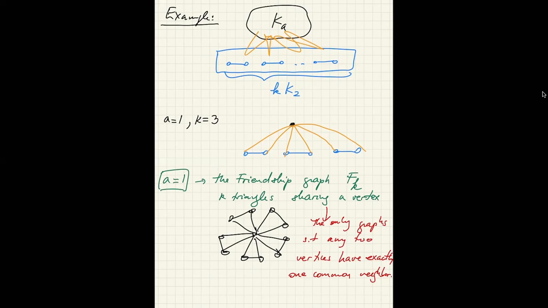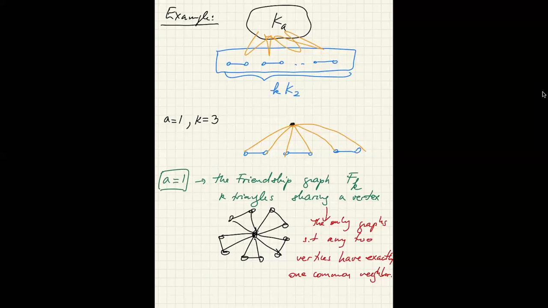And if you take any 2 vertices on the outside, they're both connected to the center. But it's a bit harder to prove that these are the only graphs with this property. We'll give a proof in one of our coming lectures, and it uses eigenvalues and eigenvectors, so linear algebra. But anyway, this is a friendship graph.